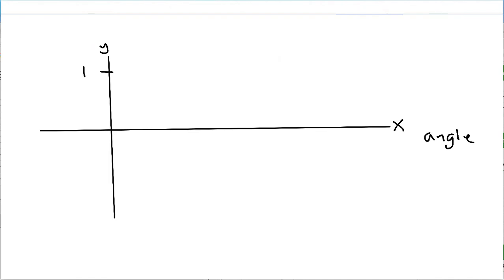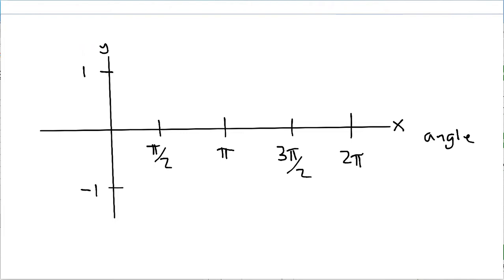The highest we go is 1. The lowest we go is -1. One period to get back to the start is 2 pi. Midway is pi. Midway between that, pi over 2. Midway between this, 3 pi over 2.